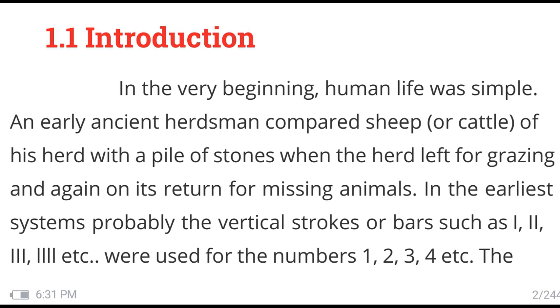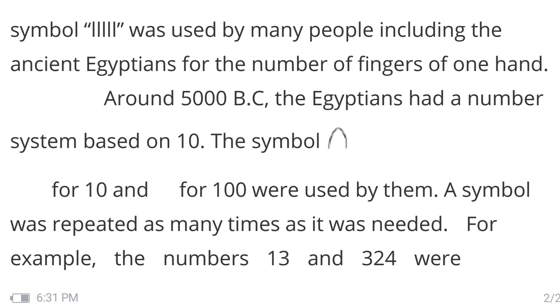In the earlier system, probably vertical sticks or bars such as 1, 2, 3, 4, etc. were used for the numbers 1, 2, 3, etc. The symbol of vertical bars was used by many people, including the ancient Egyptians, for the number of fingers of one hand.